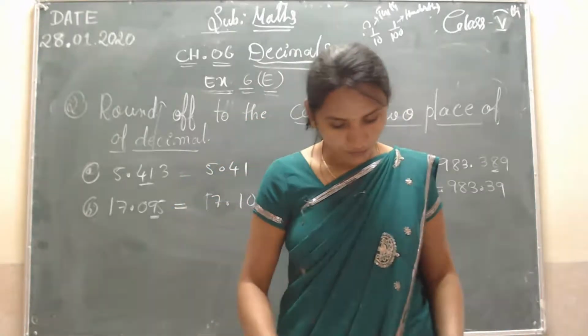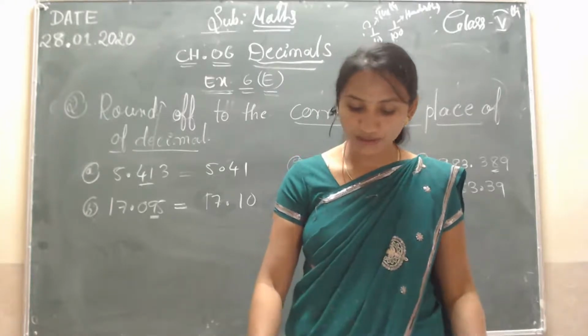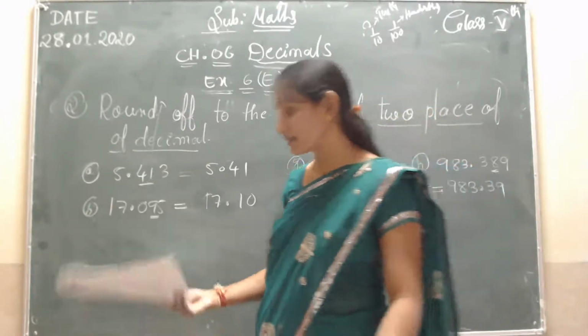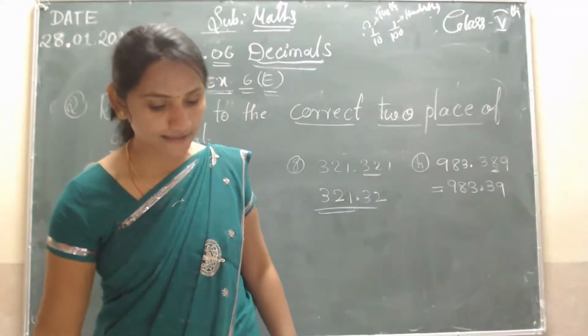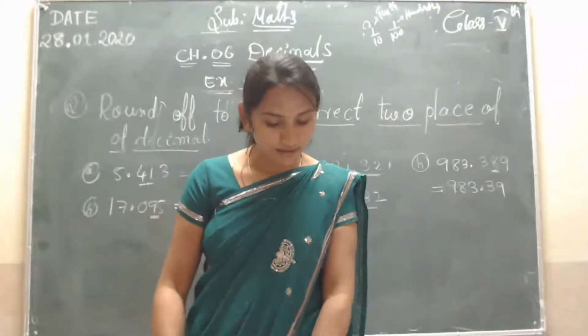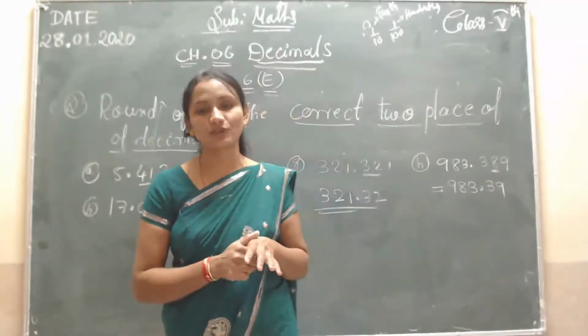Okay. So yes, students, only this remains in this chapter, in this exercise. Today this exercise is also completed. So this lesson on decimals is complete. So students, open page 102, that is the worksheet. The worksheet you do yourself.